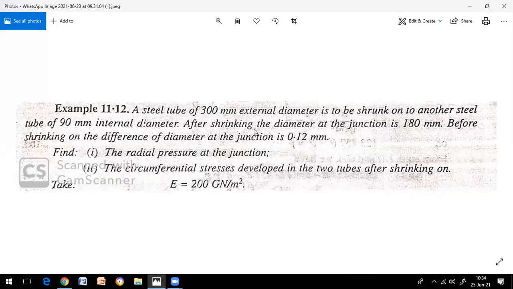So let's start doing the problem. First let me draw the diagram. So in the problem, what's given? It's very clear.